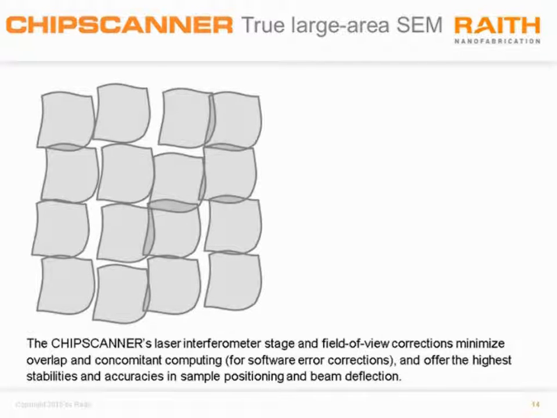So what ends up happening is, unless you have large enough overlaps, you can end up missing certain areas of the sample. So large overlaps would be required for imaging with a traditional electron microscope, and software would be required to fix these stitching errors.